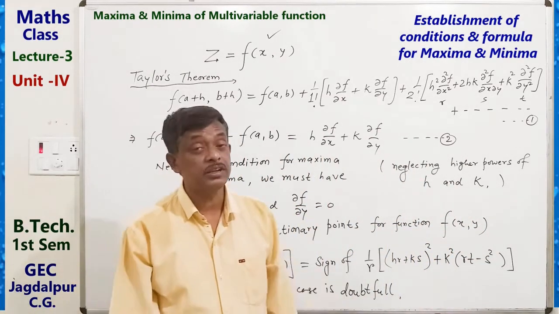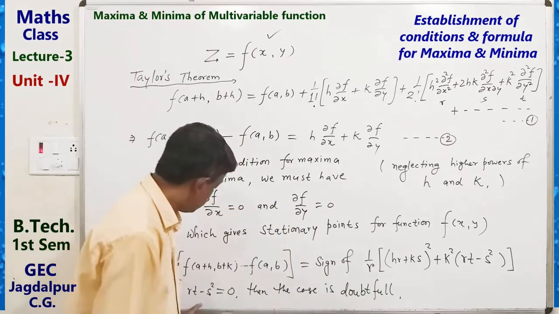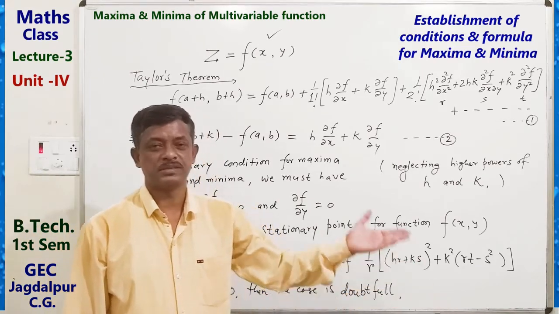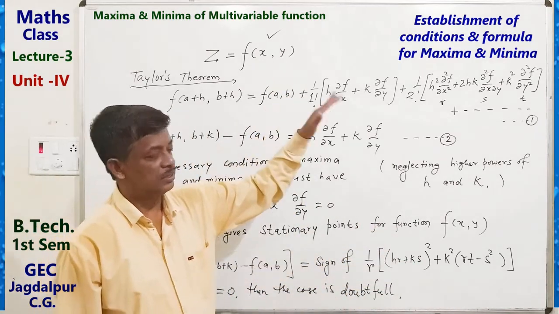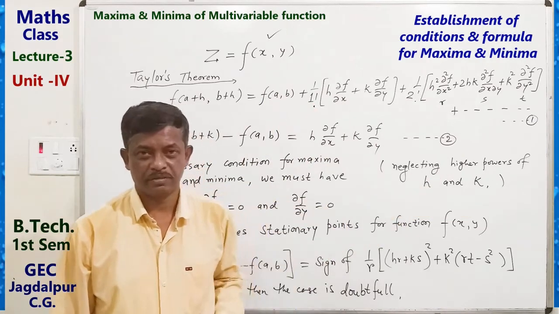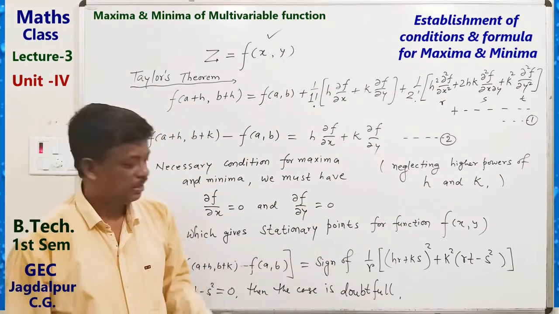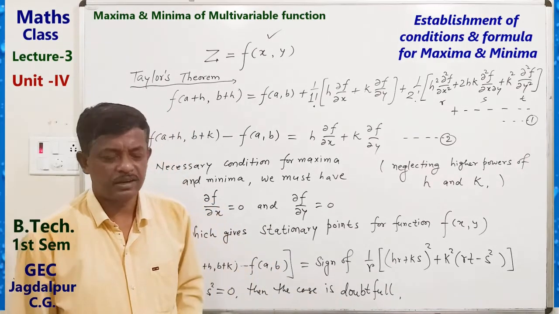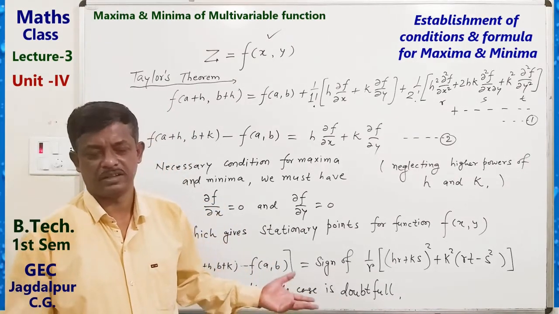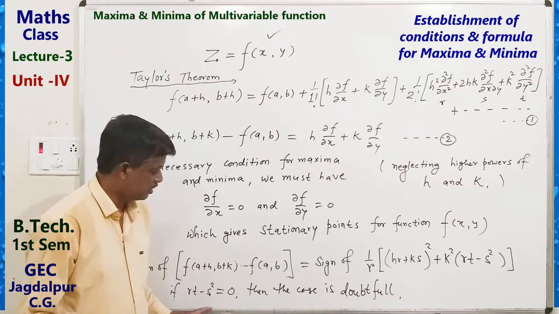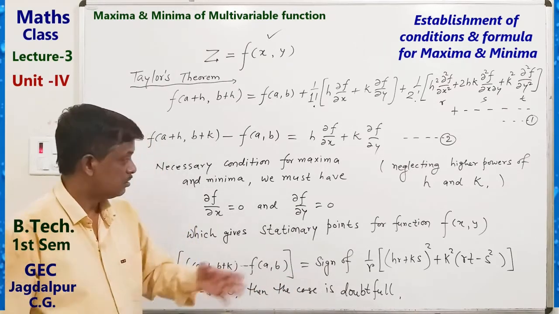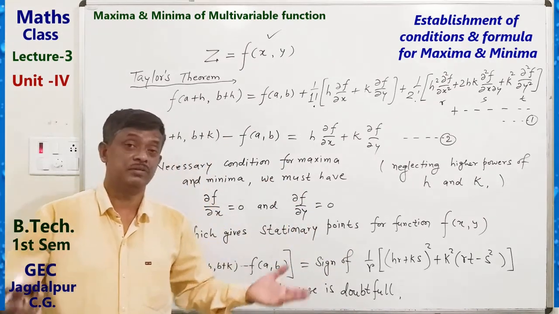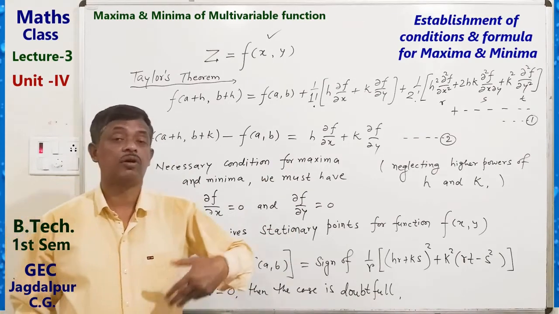Further investigation means that in this case we try to discuss maximum and minimum by the given physical condition in the problem, or in any other way we can decide whether at that stationary point it is maximum or minimum. If this is 0, then we can use another method.